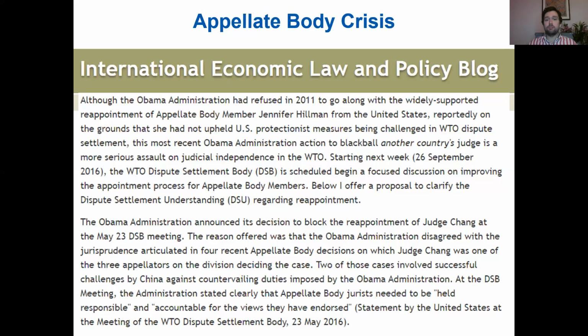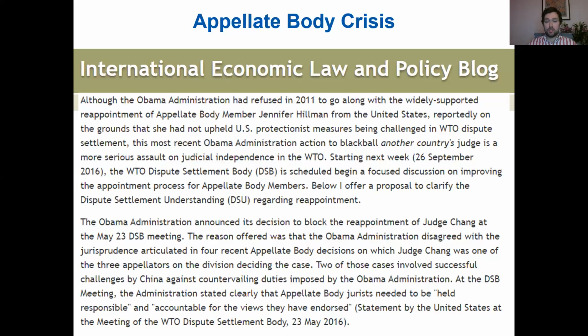And then in 2016, I think it was 2016, Obama administration refused to reappoint the member of the appellate body from South Korea. And it was specifically, straightforwardly stated that they are not happy with the decisions made by the appellate body, and they were claiming that the appellate body members are accountable for the views that they have endorsed.